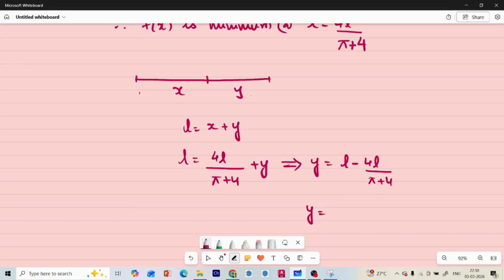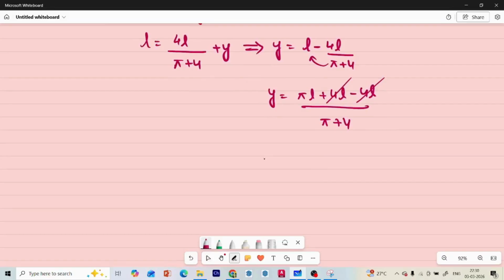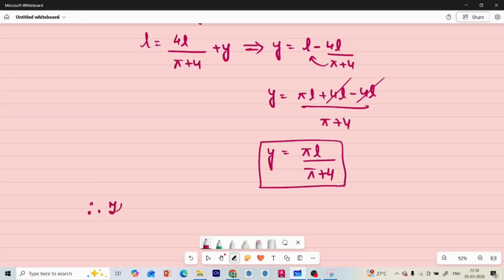So y is equal to, take LCM, pi l plus 4l minus 4l by pi plus 4. Plus 4l minus 4l is gone, and then you will get y is equal to pi times l by pi plus 4. So what are the lengths of the pieces that you got? Therefore, conclude the lengths of the pieces of the wire.